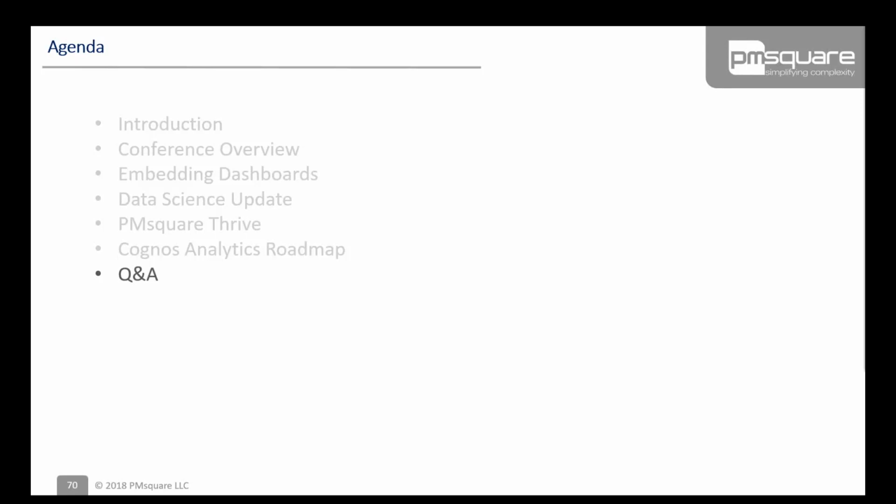Excellent. Next question is, we don't currently do any predictive or prescriptive analytics at my organization. How do you recommend going about getting started? That's a great question. So one of the key things that I think often gets left behind or missed when this kind of thing is discussed is making sure that you're at a place from a data maturity or analytics maturity standpoint to be able to get into predictive.